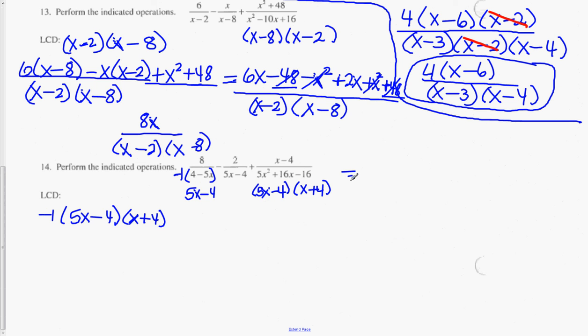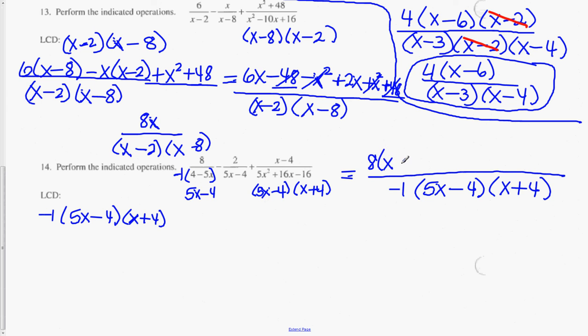So I'm going to come over here so I can make sure I've got plenty of room. I'm going to put negative 1, 5x minus 4, and an x plus 4. Okay, from the first fraction, I am missing the x plus 4. So 8 is going to get multiplied times x plus 4. Then there's a minus sign. Underneath the 2, I'm missing a negative 1 and an x plus 4.